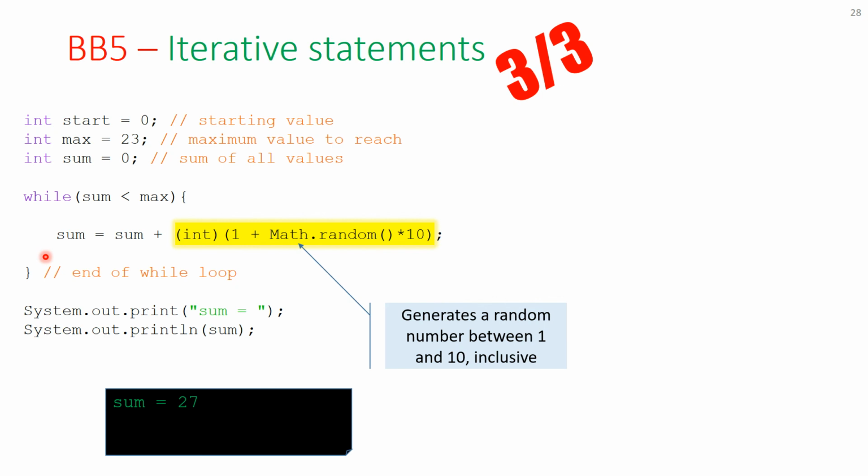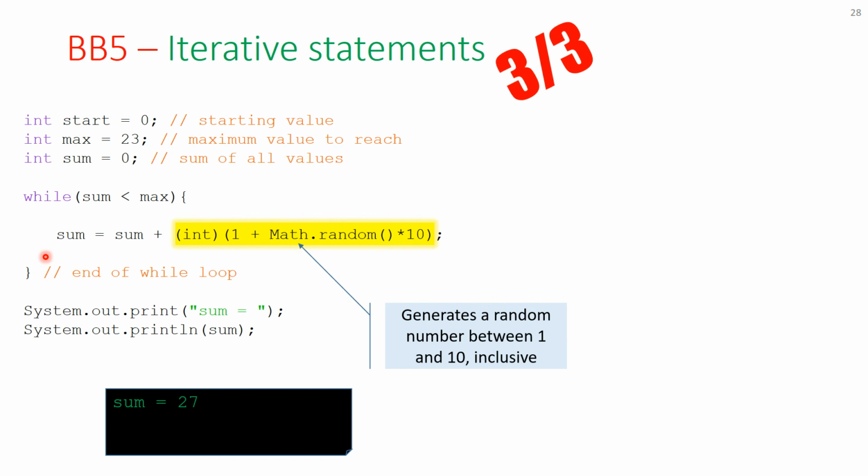I'm going to explain a little bit about that in a second. It's going to use this yellow formula to generate a random number between 1 and 10. This is how you can tell, because there's a 10 here and a 1 here. It's going to generate that random number and add it to the current value of sum.